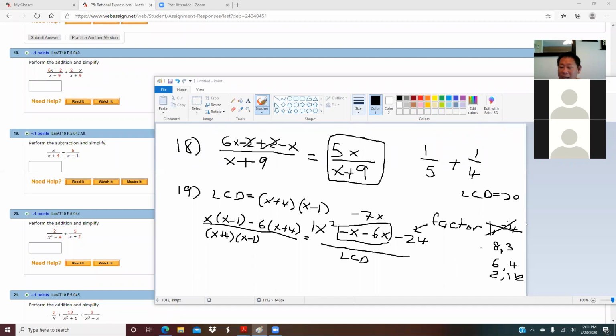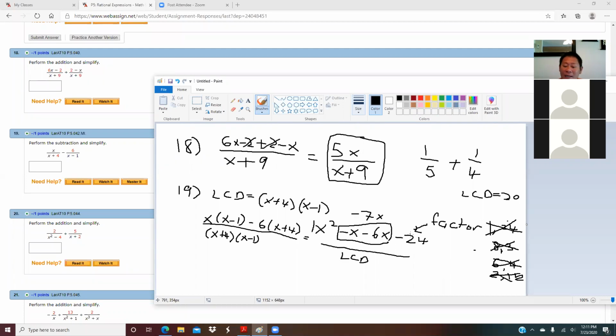With 8 and 3, if you add them you get 11, and when you subtract you only get 5, so you don't get 7. 6 and 4 also doesn't work, because when you add you get 10, and when you subtract you get 2. And the last one, 2 and 12, is also no good, because when you add it becomes 14, and when you subtract it becomes 10 or -10. So we cannot get -7x.